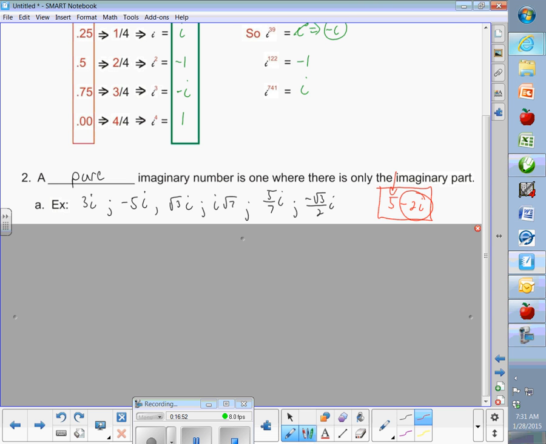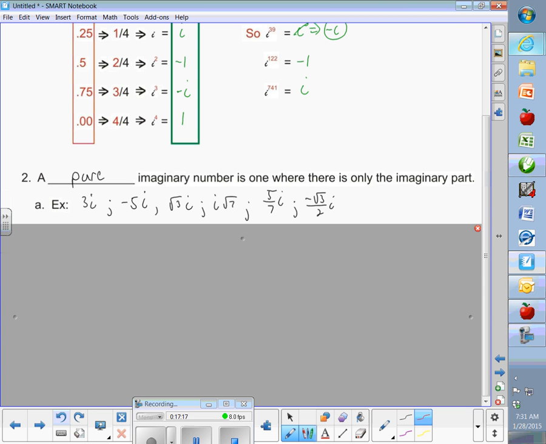So it has a real component and an imaginary component. We'll talk all about those things, and even apply them to vectors down the road and get into some pretty interesting stuff. But that is not a pure imaginary number because it has a real part and an imaginary part. What we're dealing with today are pure imaginary numbers. All they have is the imaginary part.